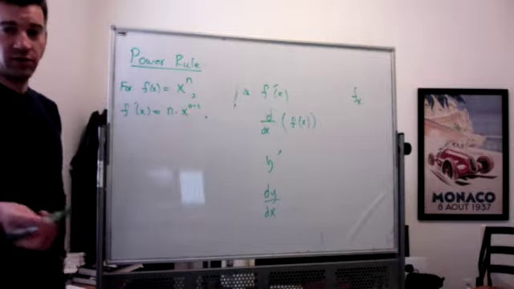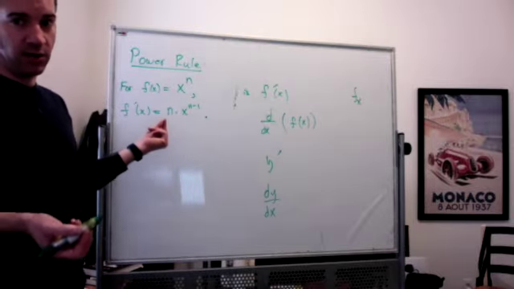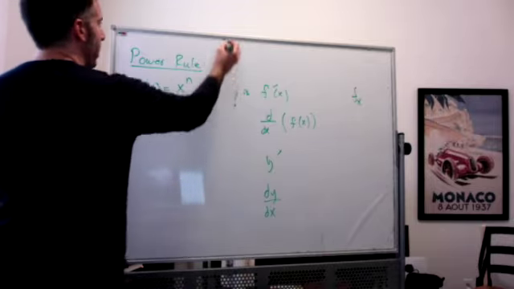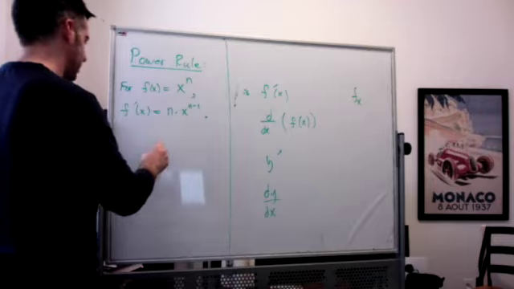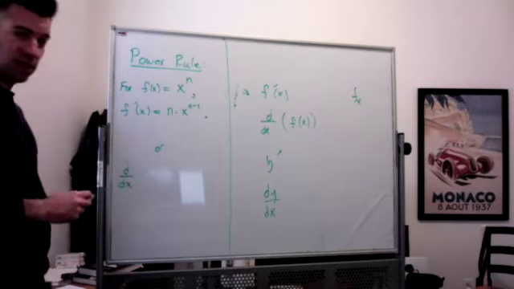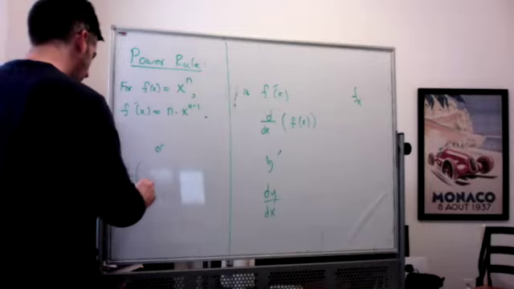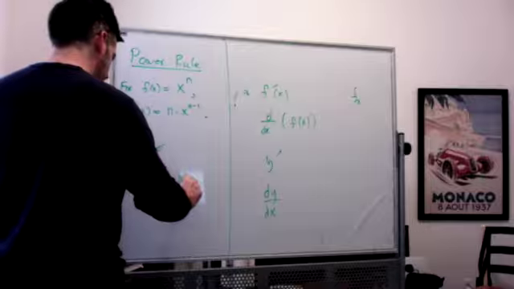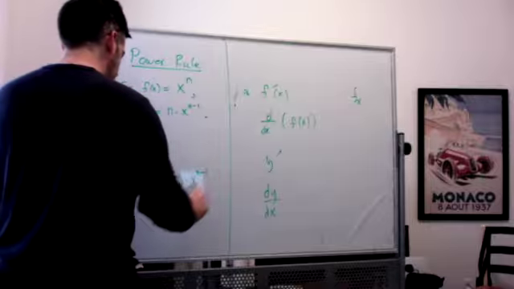So when you're taking the derivative of x to a power, it's just that power times x to the 1 less power. Another equivalent way of writing this would be to say the derivative with respect to x of x to the n is equal to n times x to the n minus 1.